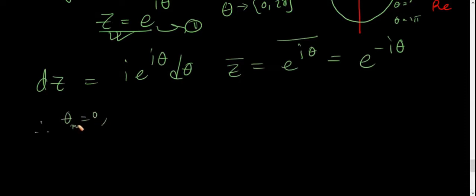So our theta starts from 0. This is the theta minimum, that is the starting point. So this will be the lower limit in the integral, because we are shifting from z to theta.